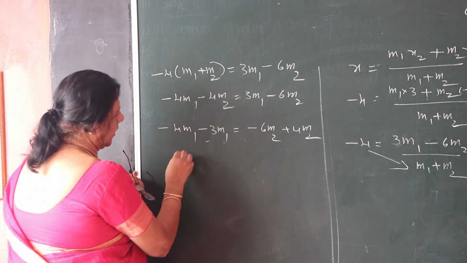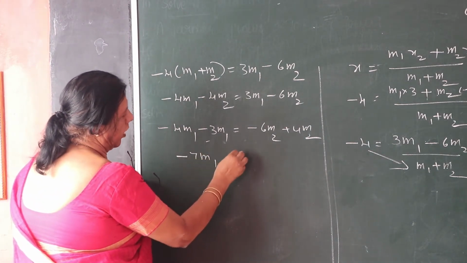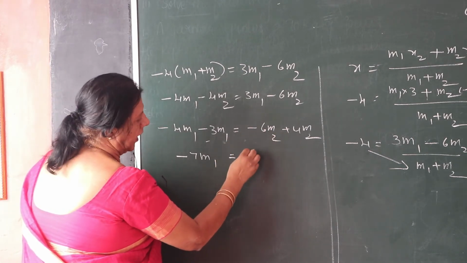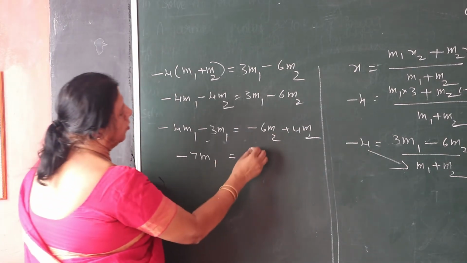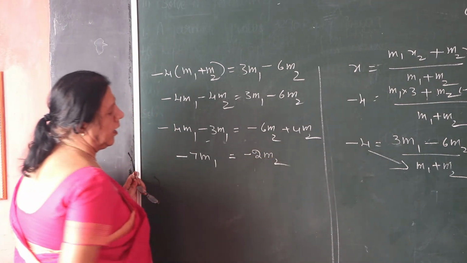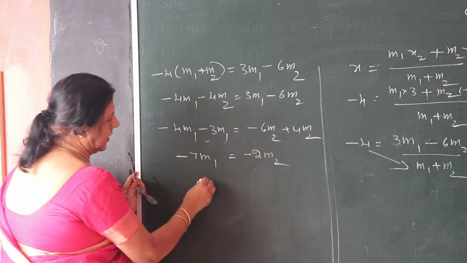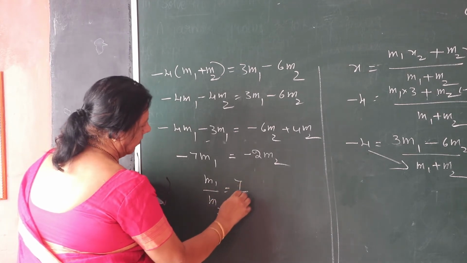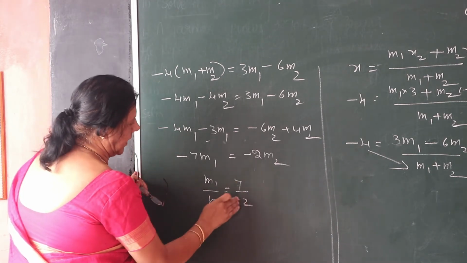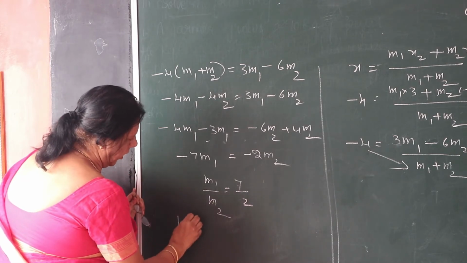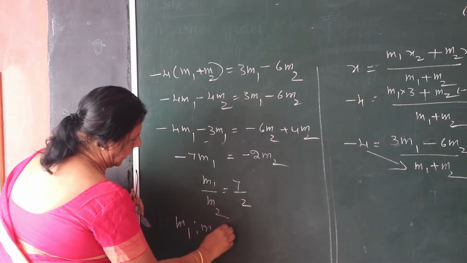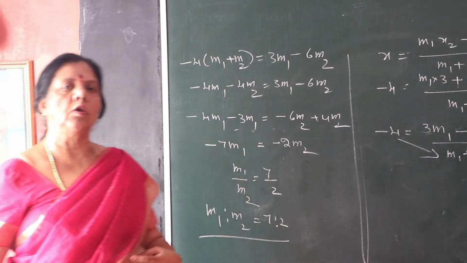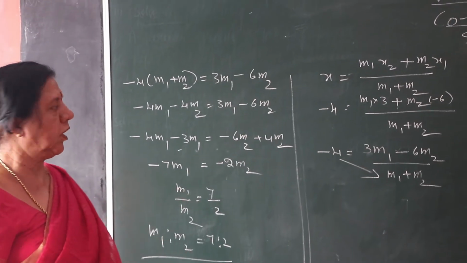So minus 7m1 is equal to minus 2m2. Minus cancels. m1 by m2 is equal to 7 by 2. Therefore m1 is to m2 is equal to 7 is to 2. So this is the way you have to solve the problem. Right, children?